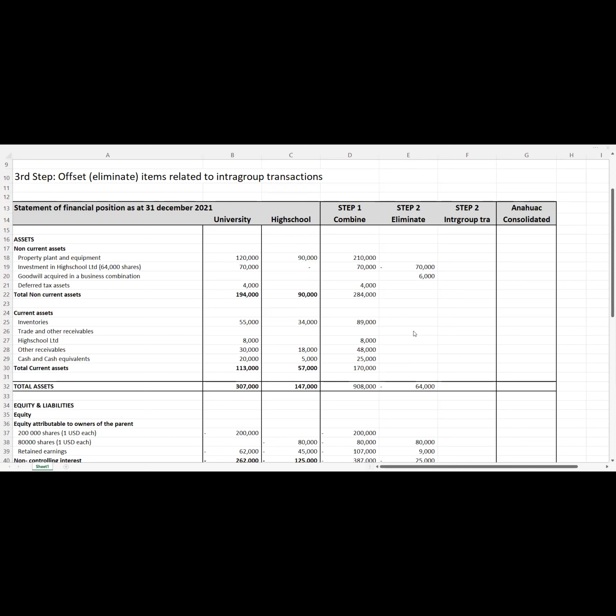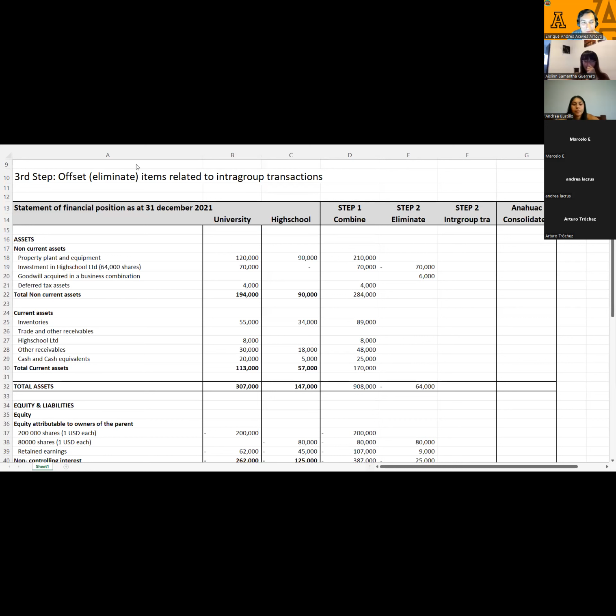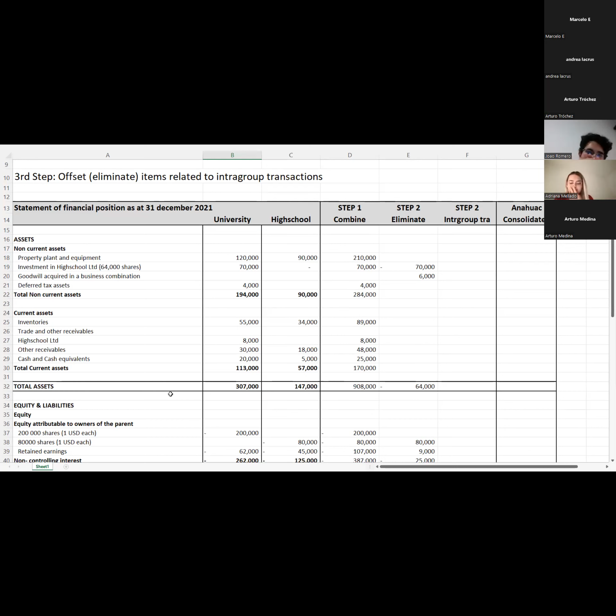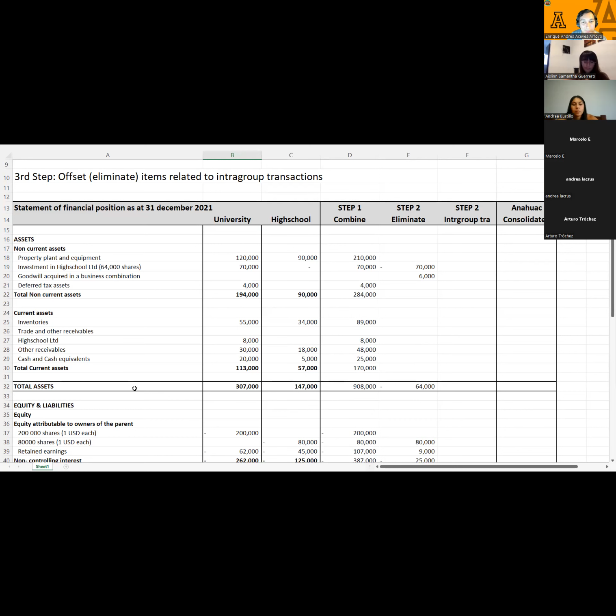Okay, guys, don't sleep. Come on. Teacher, you kind of froze. I don't know if it was my internet, but can you repeat it, please? What do you understand as an impairment test? We have to do an impairment test on an annual basis for this goodwill.